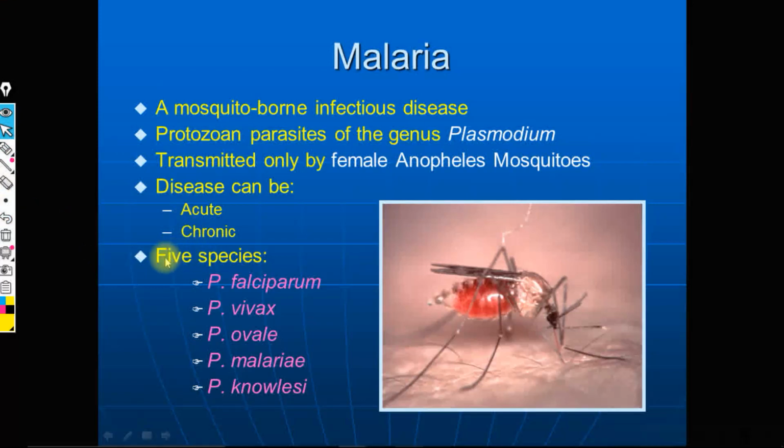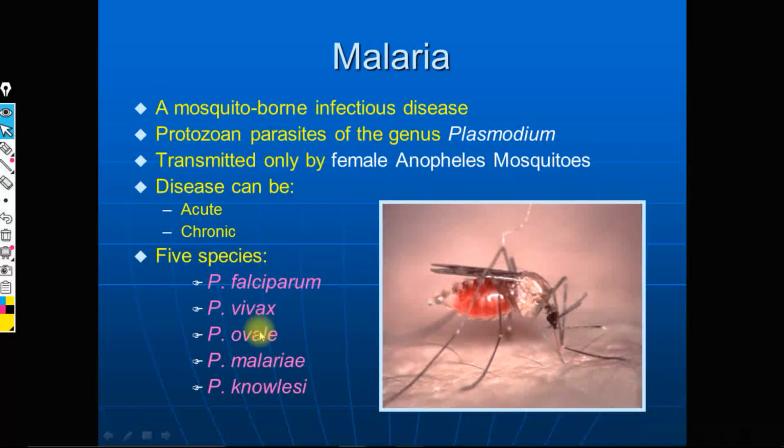Okay, we have said in the learning objectives that we will understand the characteristics of all five human species which are known to cause malaria in humans, and definitely these details we will discuss in the next slide. But the names of these five species are Plasmodium falciparum, Plasmodium vivax, ovale, malariae, and knowlesi, right.